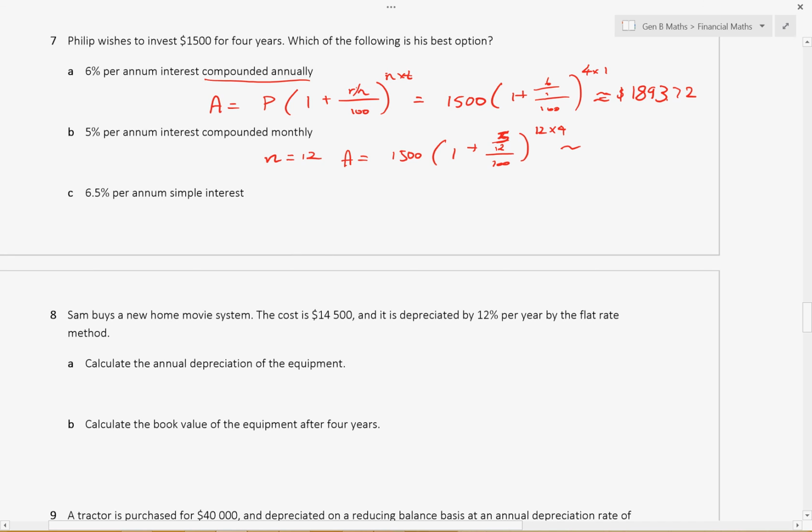Now, what was that approximately? $1,831.34. Good. So far option A is better, and 6.5% per annum.